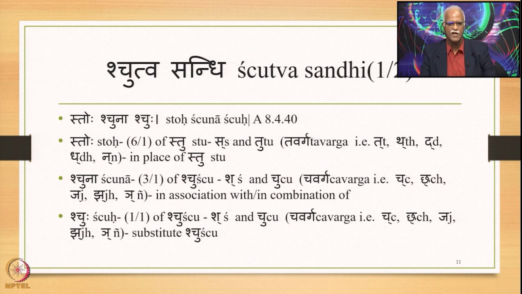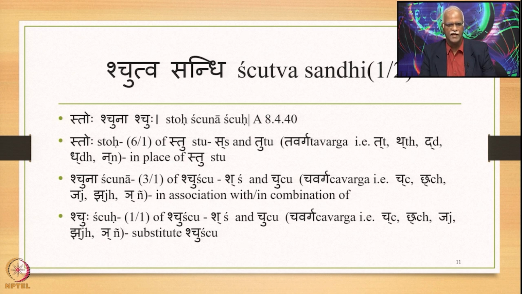Stoho is 6/1 of Stu. Stu is Sa and Tu. Tu means Tavarga, that is Ta, Tha, Da, Dha and Na. Stoho means in place of stu, in place of these sounds.